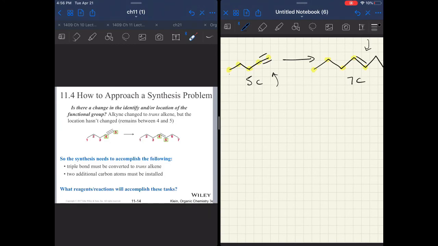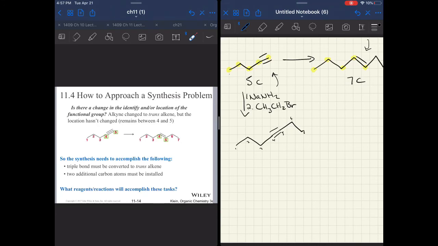All right, so I'm going to go down and around to do my synthesis work here. I know if I treat this with NaNH2 and a 2-carbon alkyl halide, I will extend my carbon chain. So 1, 2, 3, 4, 5, 6, 7.